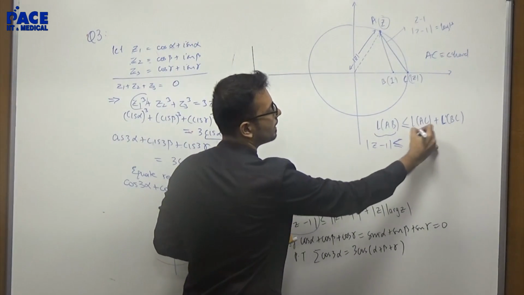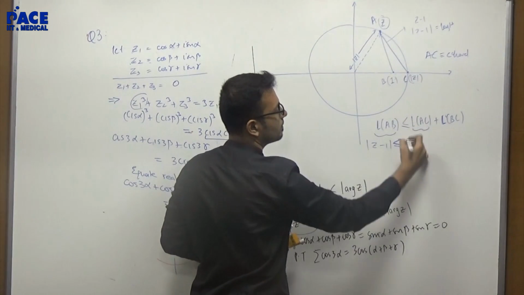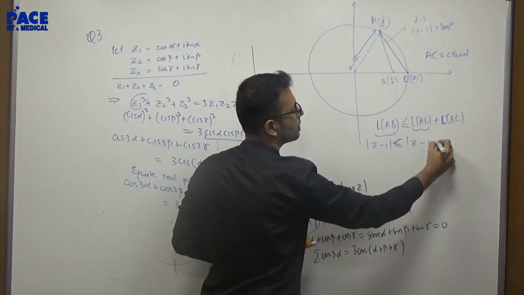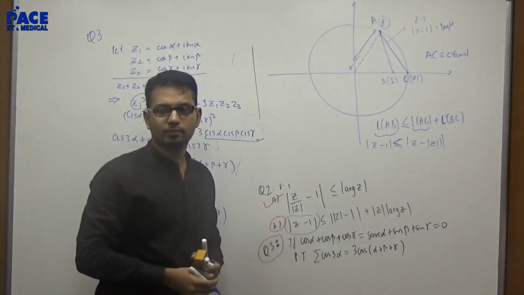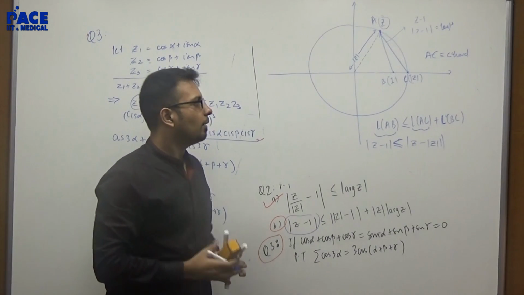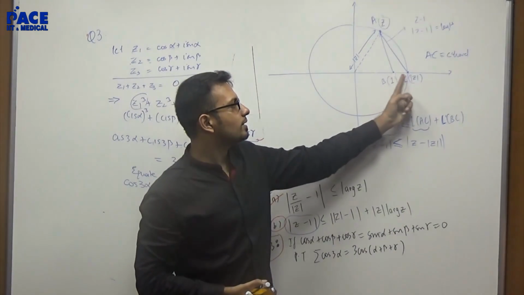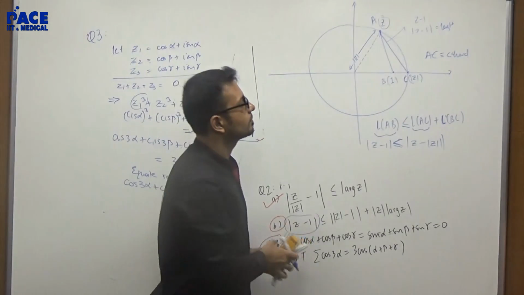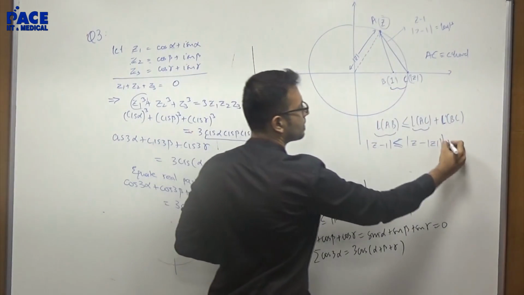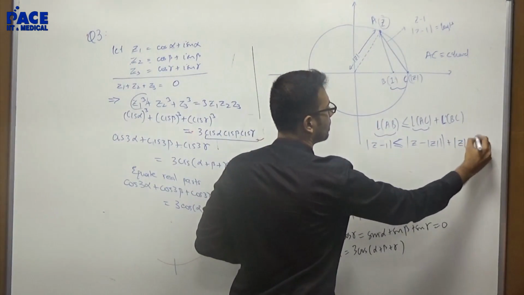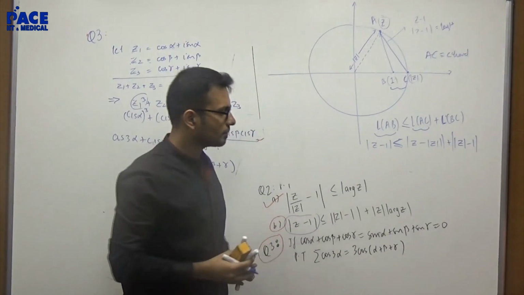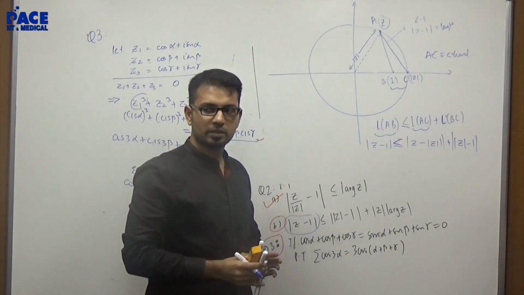AC को हम ऐसे भी लिख सकते हैं. This vector, mod of Z minus Z bar. Is that clear? What is length BC? What is this distance? Mod Z minus 1. Mod Z minus 1. Okay? समझ में आ रहा है?